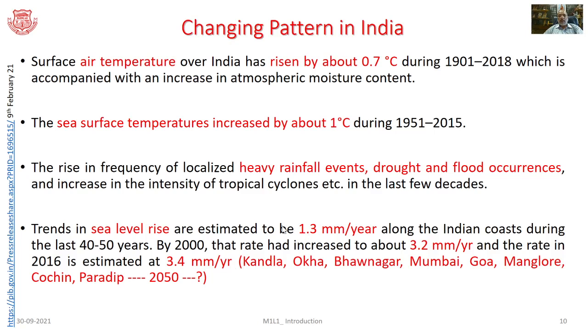So, if we consider that rising trend of the sea level, it is quite probable, as studies predict, that cities such as Kandla, Okha, Bhavnagar, Mumbai, Goa, Mangalore, Cochin, and Paradip could be underwater to a depth of at least 0.75 to 1 meter by 2050.